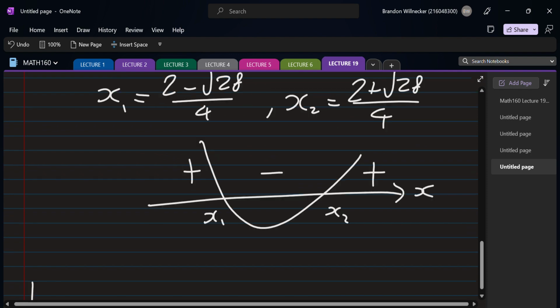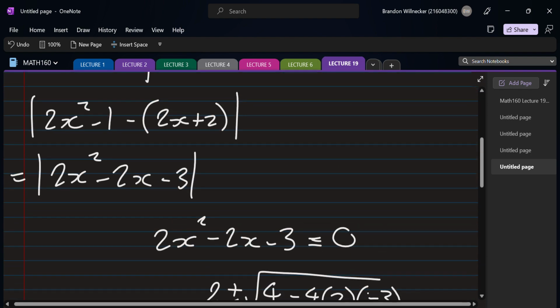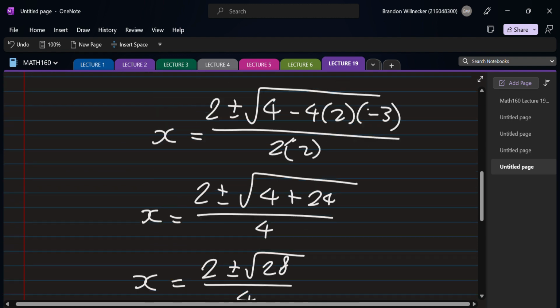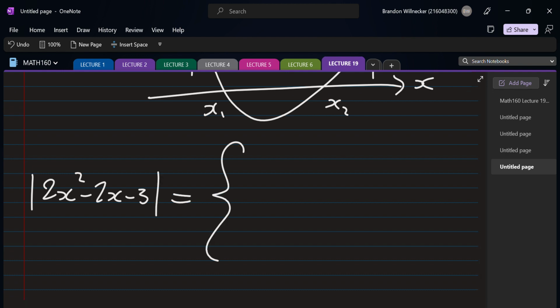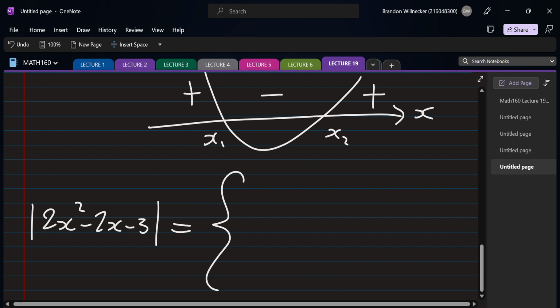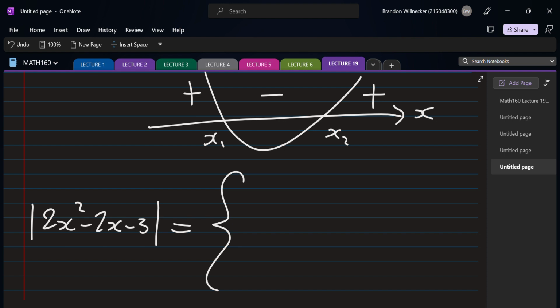So finally, the absolute value of 2x squared minus 2x minus 3 is equal to, and then we're going to have three parts. We're going to have the first part where it's positive, the part where it's negative, and then the part where it's positive again. So for the first bit, up to x1, the parabola is positive, so we don't need to do anything.